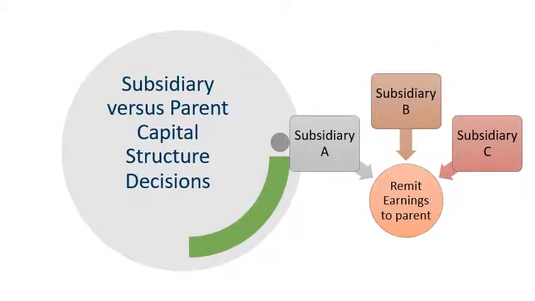Because the subsidiary's capital structure decision affects the amount of retained earnings that are remitted to the parent, that decision affects the amount of equity contributed to the parent and so affects the parent's capital structure.